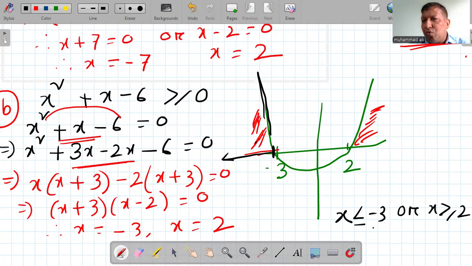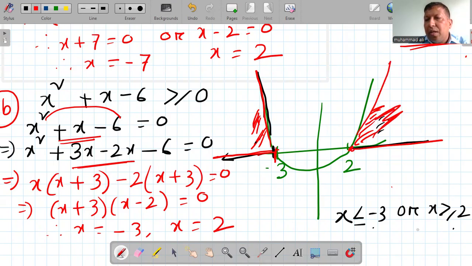When the x value is 2 or greater than 2, the curve is positive. So this is discontinuous. Try to understand very carefully. The curve is U-shaped, and when the x value is less than minus 3, the curve is positive, which we want. Or when the x value is 2 or greater than or equal to 2, the curve is positive. So this is the answer to question number 2.